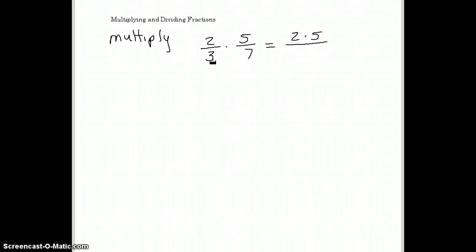And then we multiply both denominators together, 3 times 7, or 10 divided by 21. That's it.